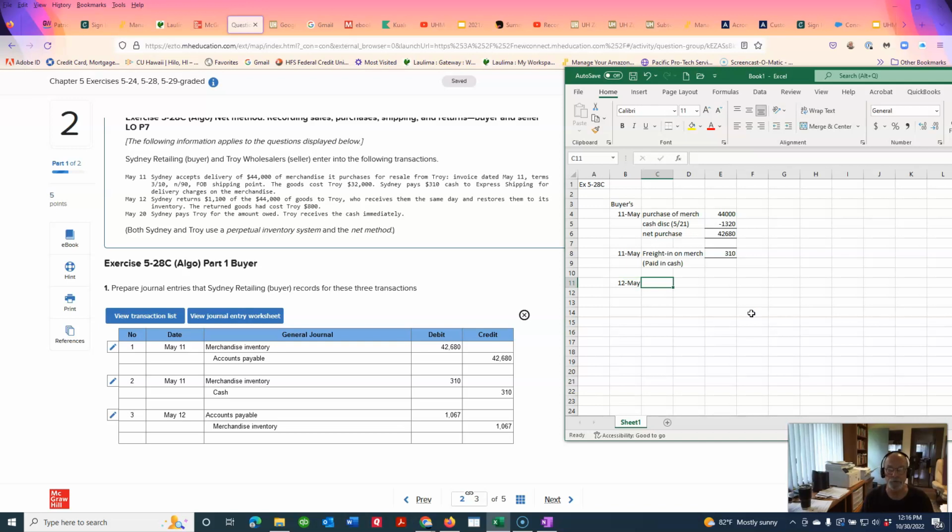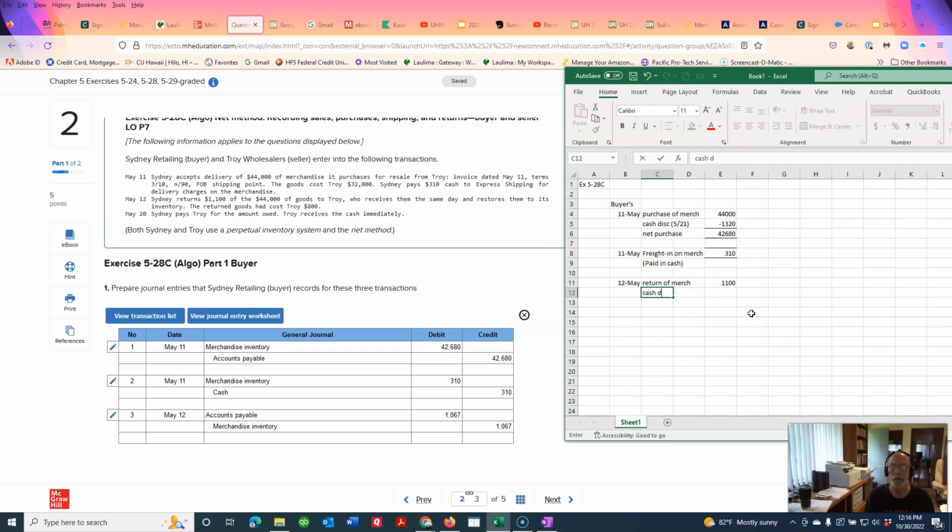we have a purchase returned. Return of merchandise, and the invoice amount on the merchandise return is $1,100.